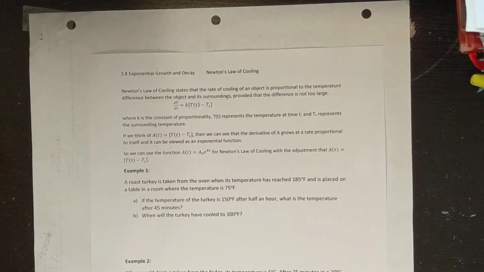And we know that if something grows at a rate proportional to itself, it is exponential in nature. So we're going to view Newton's law of cooling in a way as an exponential function with this adjustment.